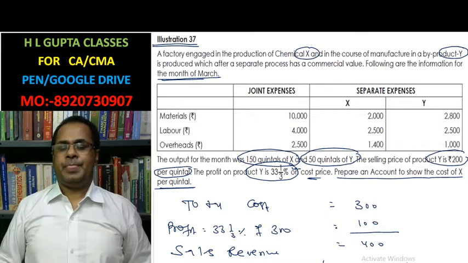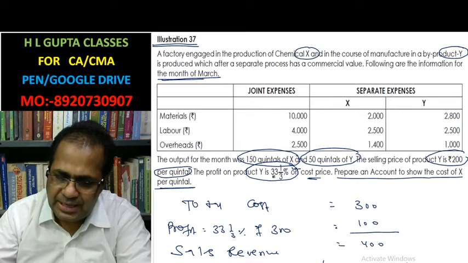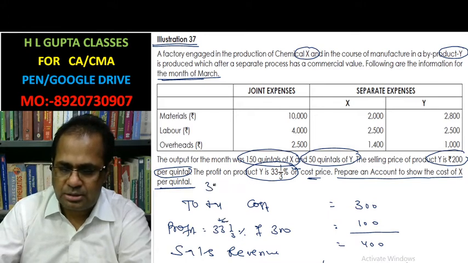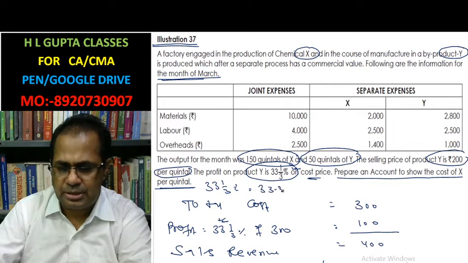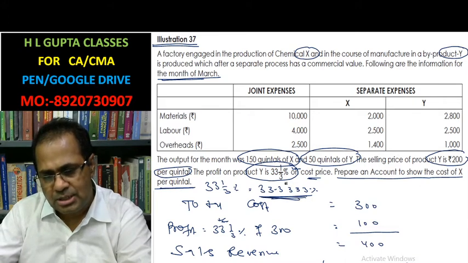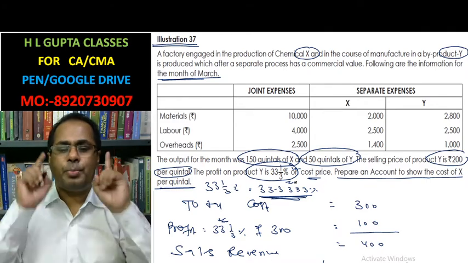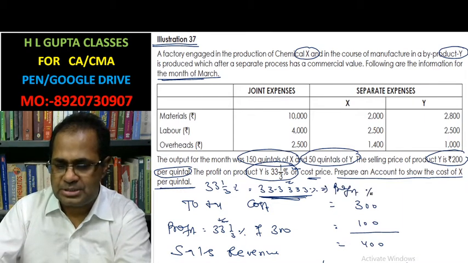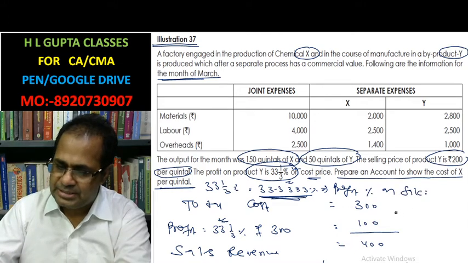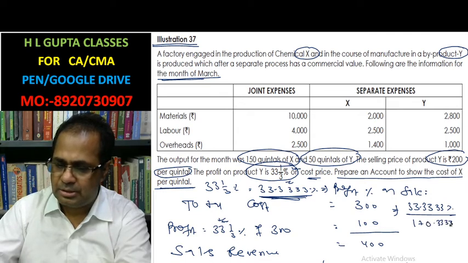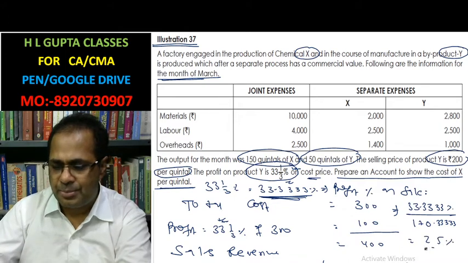It means if profit percentage on cost is 33.33%, then profit percentage on sale is calculated as 33.333% divided by 1 plus 0.33333, that is 25%.